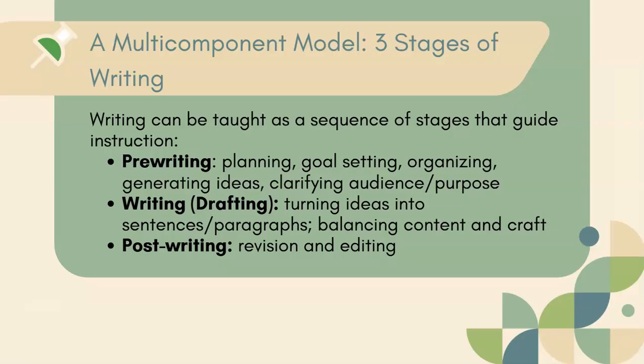So in pre-writing, we would plan, we would set a goal, we would organize, we would generate our ideas, and we would understand and really hone in on our audience or our purpose. For the writing and drafting stage, we would turn our ideas into sentences or paragraphs, and we would balance the content and the craft. And for the post-writing, we would revise and edit and make any changes that we need.